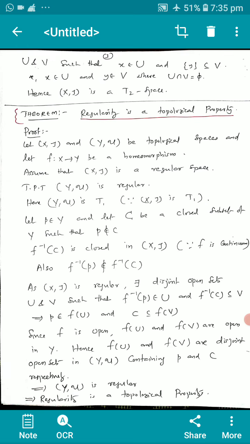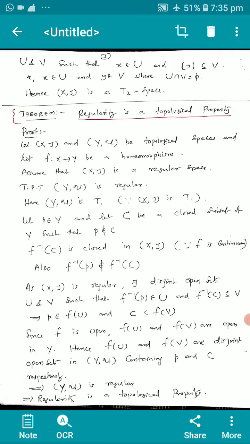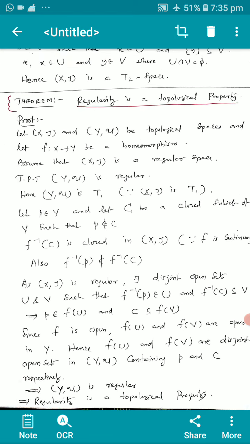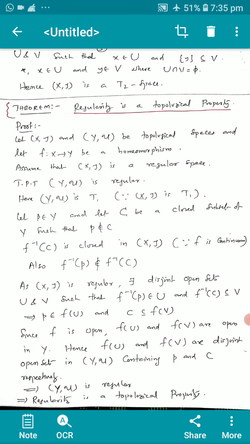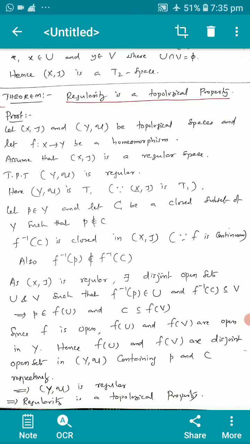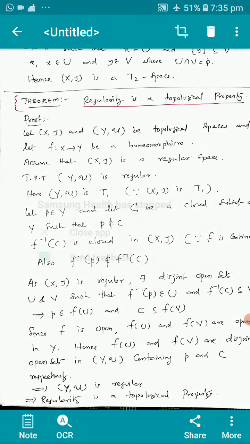Let P in Y and let C be a closed subset of Y such that P is not in C. f inverse of C is closed in X because f is continuous. Also, f inverse of P is not an element of f inverse of C. Moreover, X is a regular space. Therefore, there exist disjoint open sets U and V.